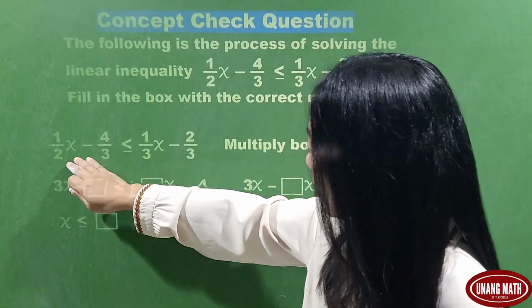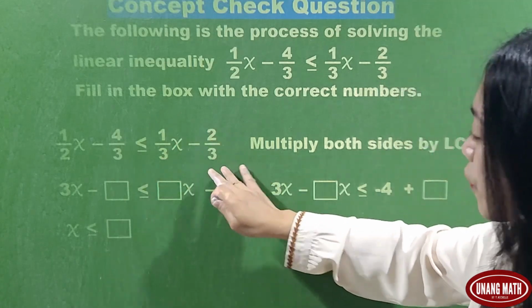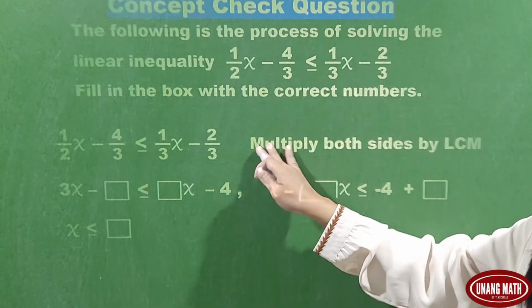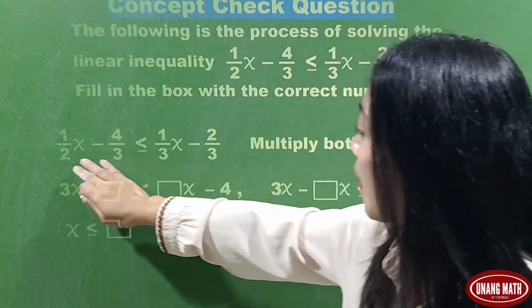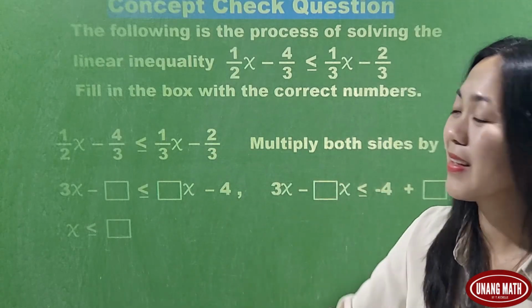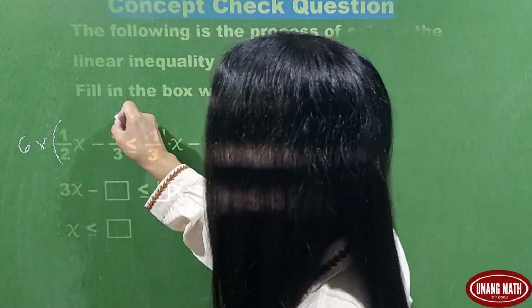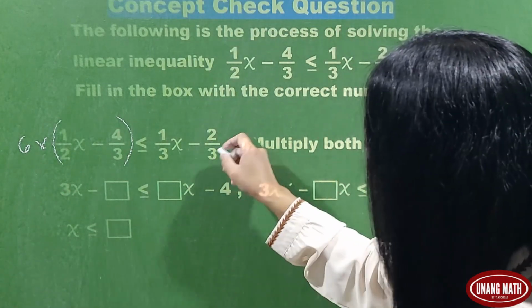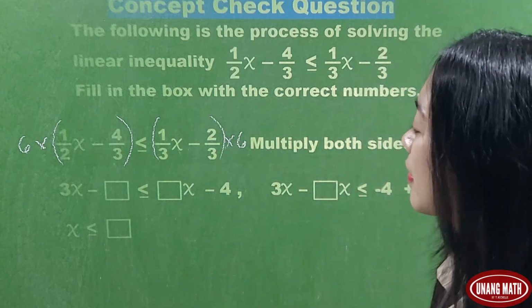So the first step that we need to do is multiply both sides by the LCM of these denominators. And the LCM is 6. So this is 6 times this expression, and on the other side also is times 6.